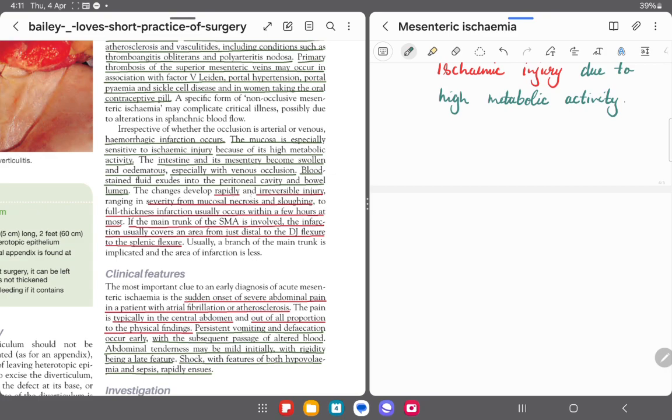These changes develop rapidly and irreversible injury ranging in severity from mucosal necrosis and sloughing to full thickness infarction usually occurs within a few hours at most. So there is a rapid and irreversible injury within few hours.